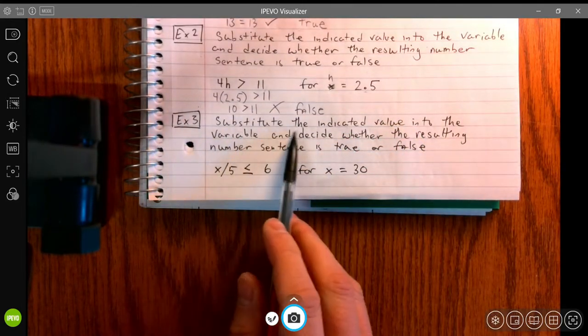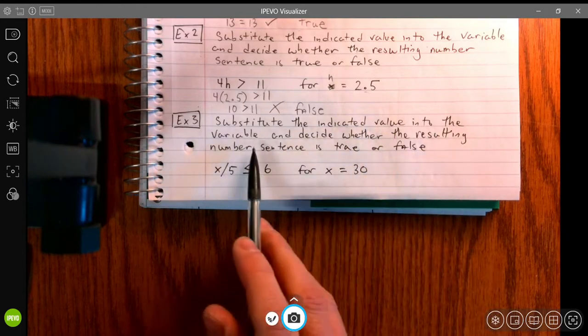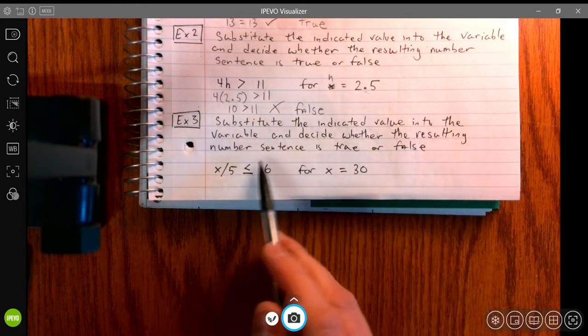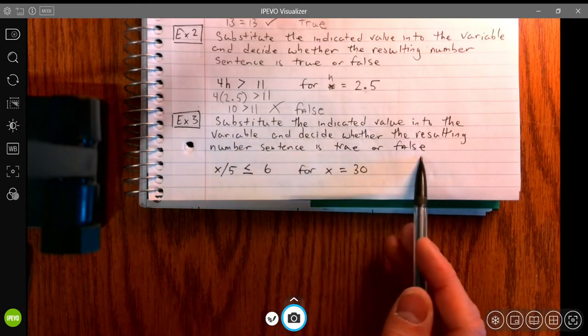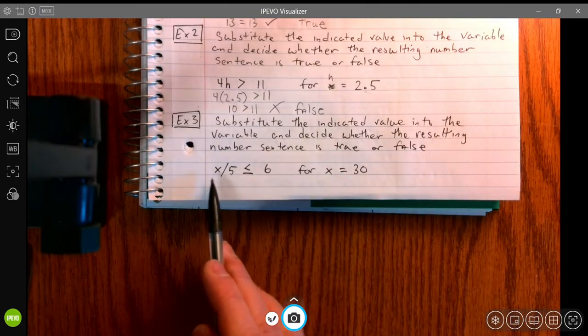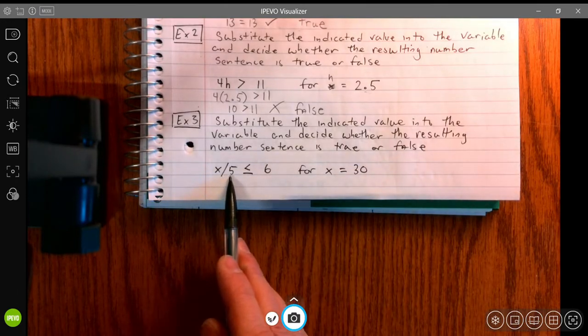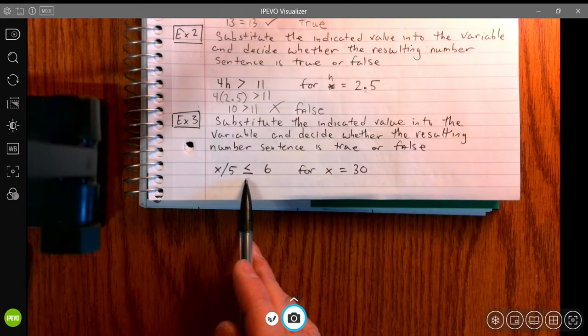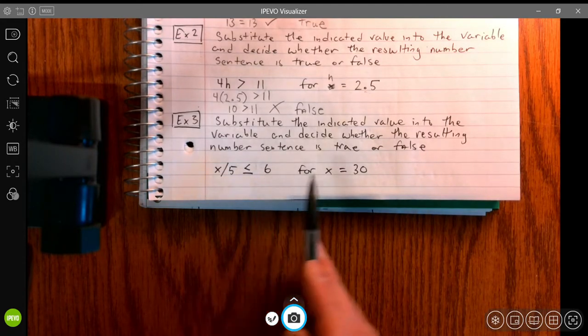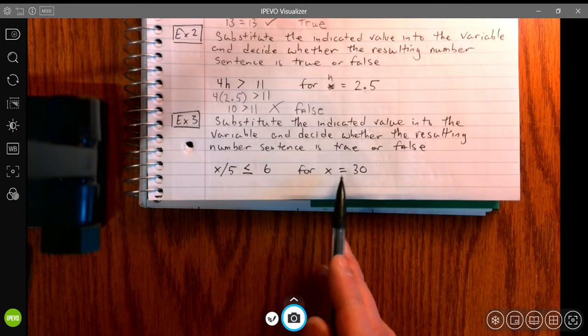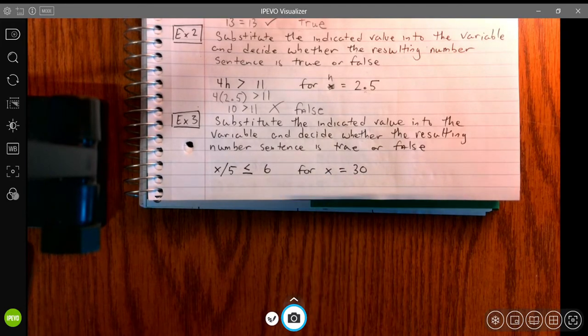It says substitute the indicated value into the variable and decide whether the resulting number sentence is true or false. Over here we have x divided by 5 is less than or equal to 6 for x equal to 30.